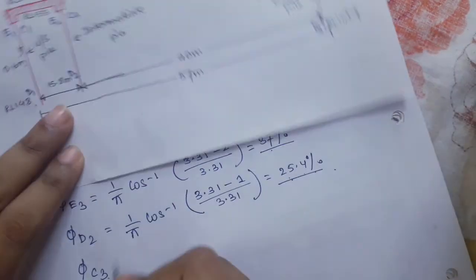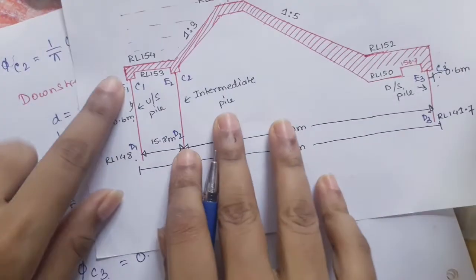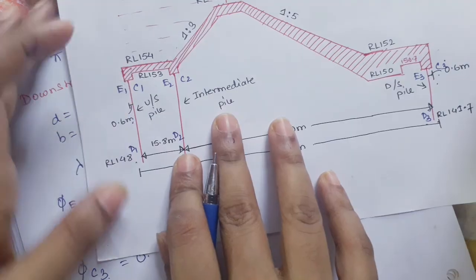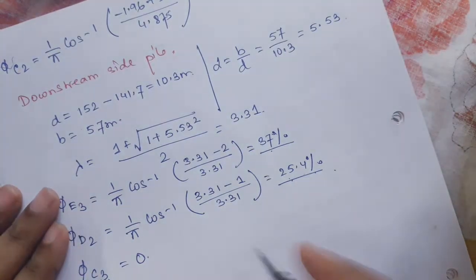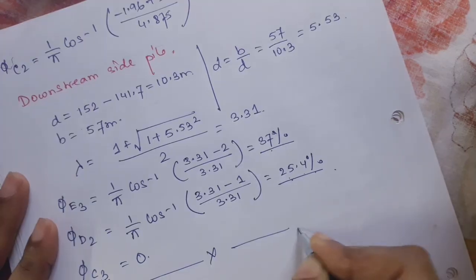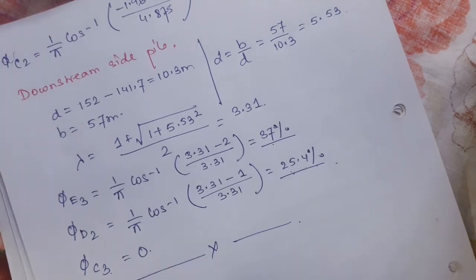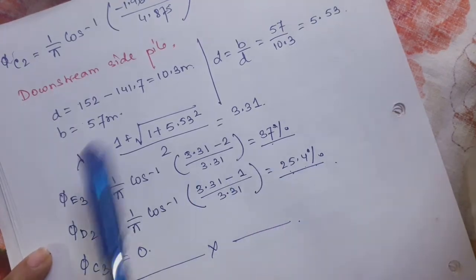So phi C3 will be 0, and the maximum pressure was at phi E1, which was 100%, right? So this is our total calculation of evaluating the pressure percentage. In my next video I will show you how to draw the hydraulic gradient line, how to evaluate that hydraulic gradient, and we will also discuss the correction we have to make to this percentage evaluation.